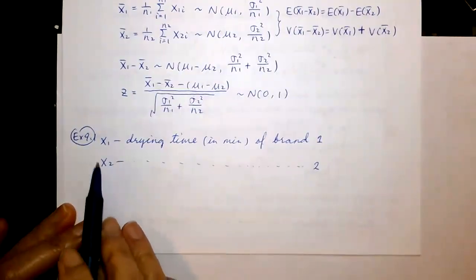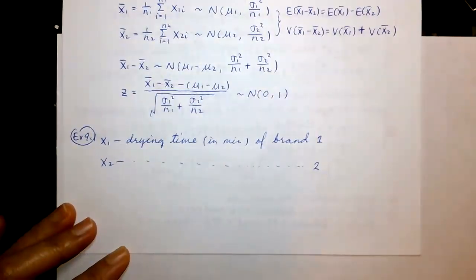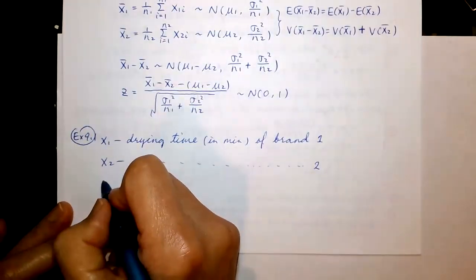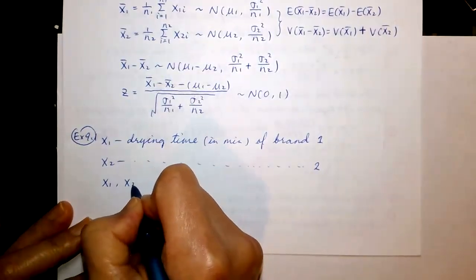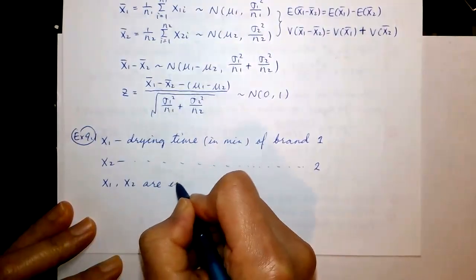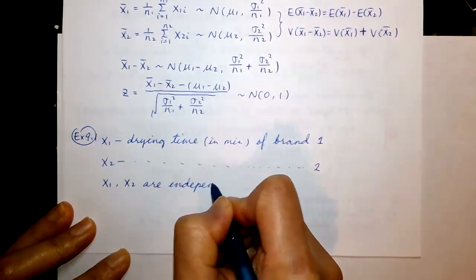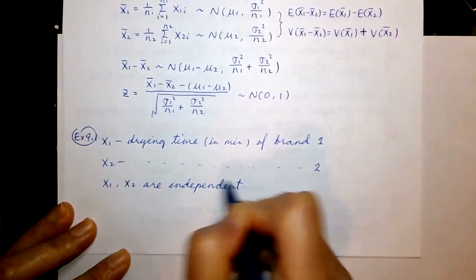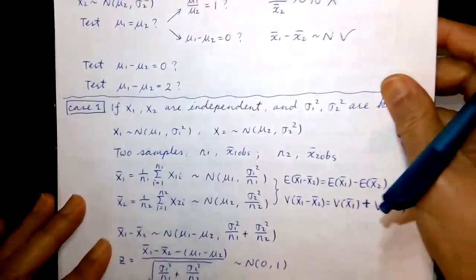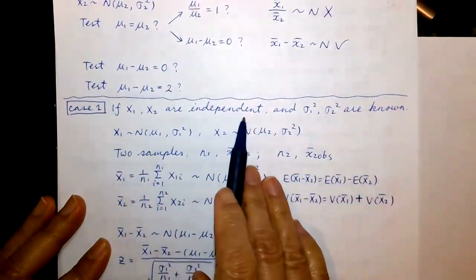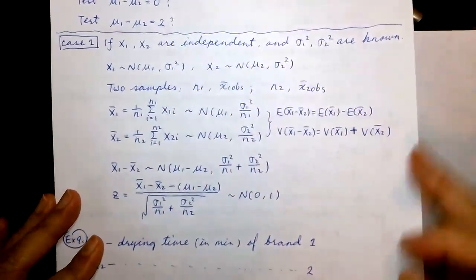X2 is the drying time you paint with brand 2. Do you think X1, X2 are independent? Of course they are, right? You don't mix them. X1, X2 are independent. We started case 2 with the same condition.